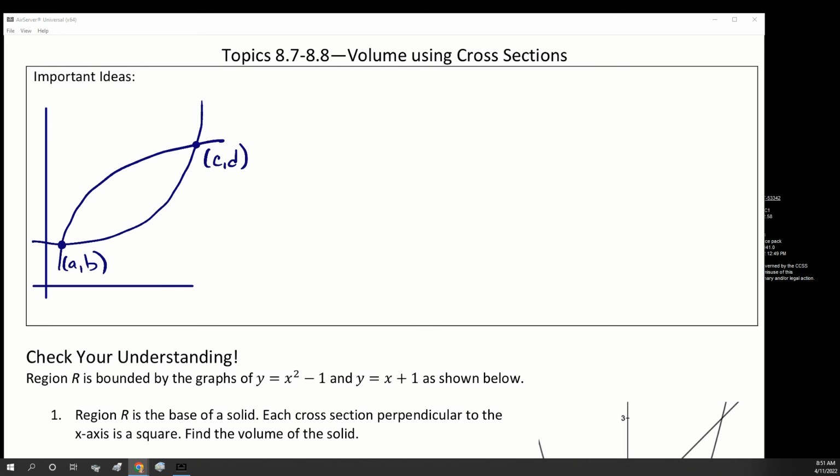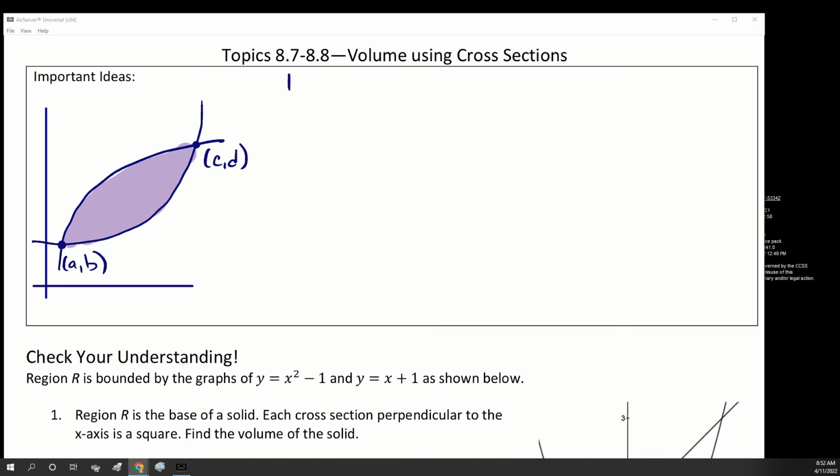And then we have this little shaded region that we're going to fill with cross sections that could be semicircles or right triangles or equilateral triangles or rectangles or squares, lots of different options.